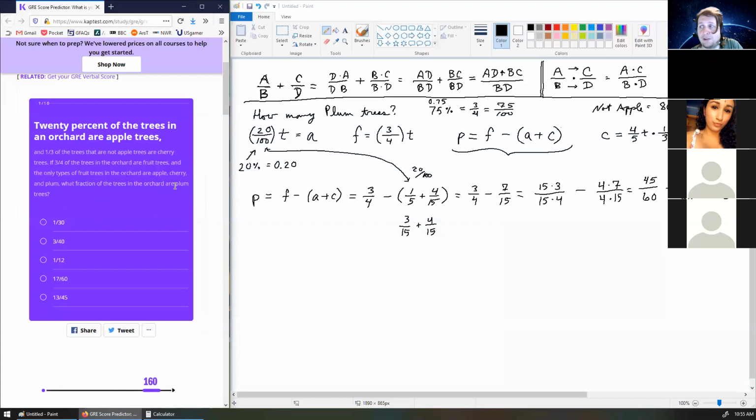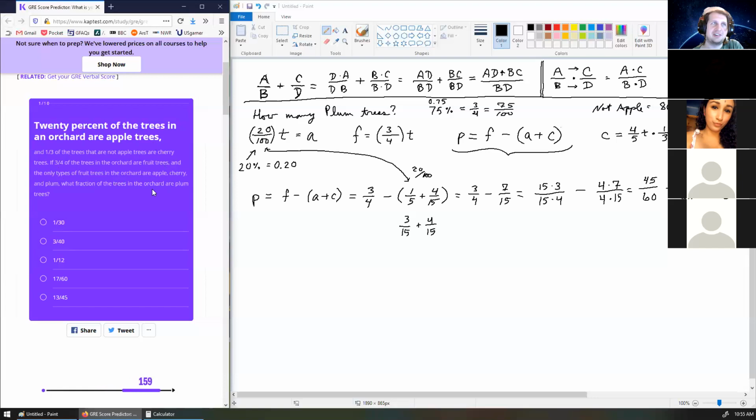And the first thing that I asked us when we started, after we read through this problem, is what is even the question? As you were probably reading it, you were probably saying, okay, I know a third of the trees are apple trees. There's this ratio, or 20% of the trees are apple trees.